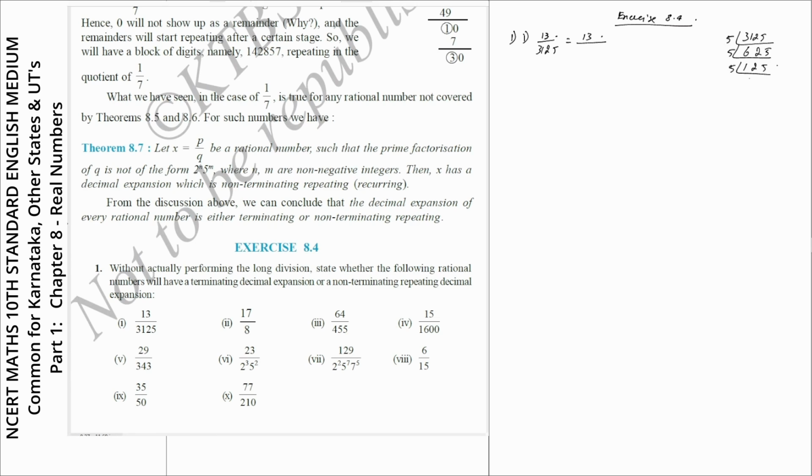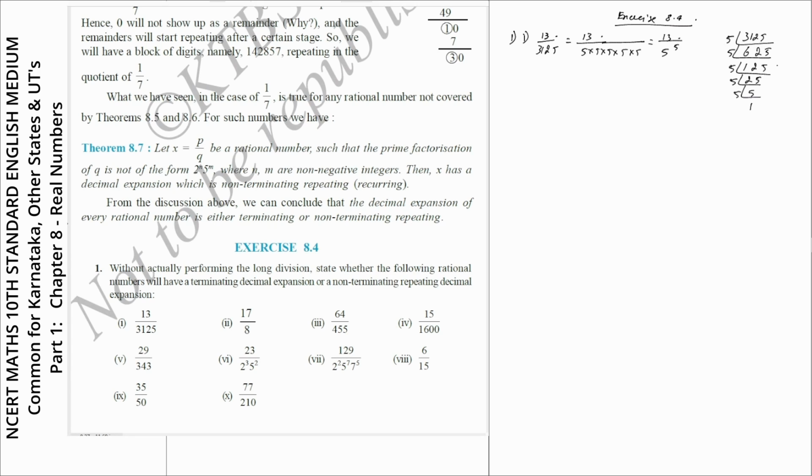Then again 5 2s are 10, 5 5s are 25, 5 5s are 25, 5 1s are 5. So denominator I can write as 5 into 5 into 5 into 5 into 5, 1 2 3 4 5, 5 5s are there. So this I can write as 13 by 5 power of 5.